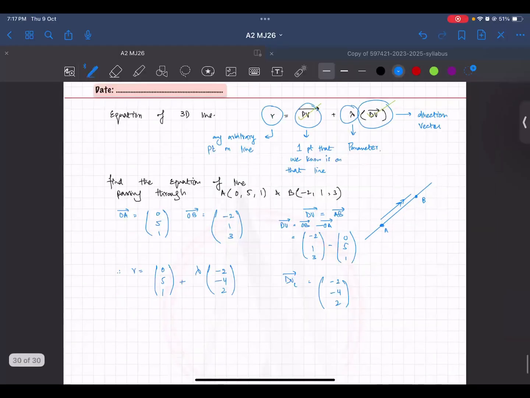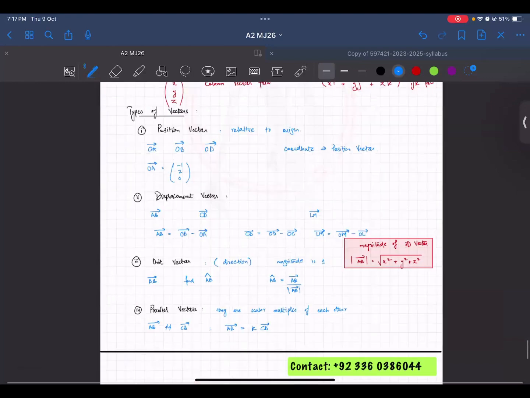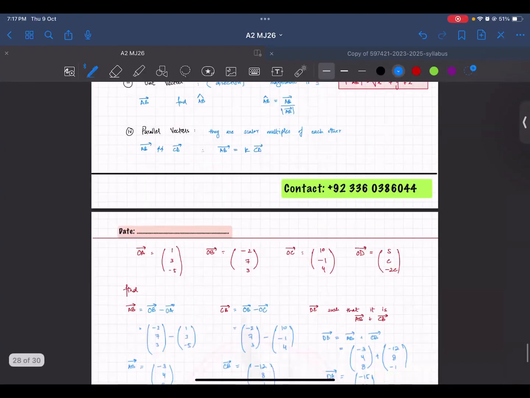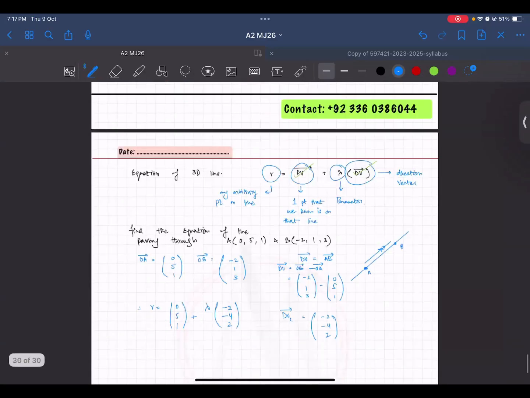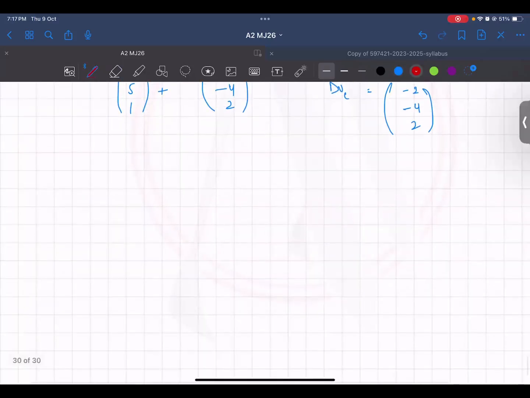Okay, there was one more thing, an important part: negative vectors.